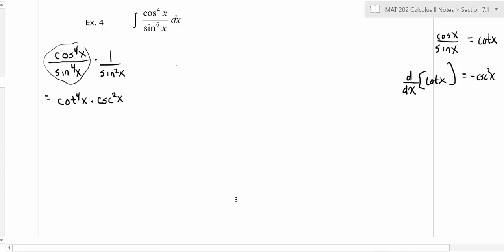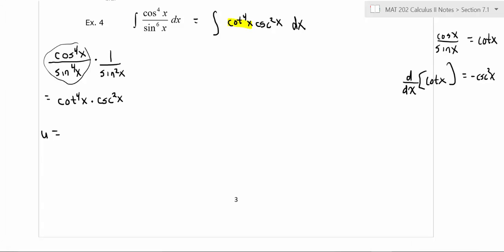So I'm going to break this integral up into this. I'm going to rewrite the integral in the form cotangent fourth x cosecant squared x dx, and then we can do some u substitution on that. So I'm going to let u be this, not the cotangent fourth, but just the cotangent.